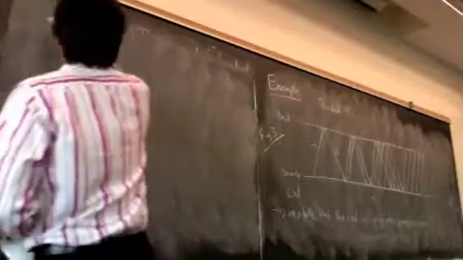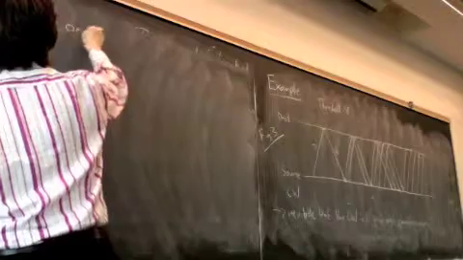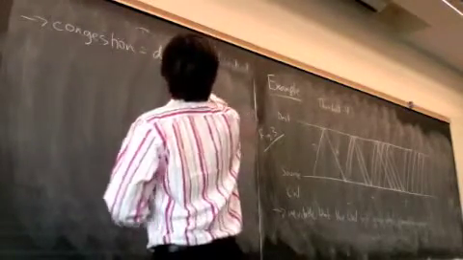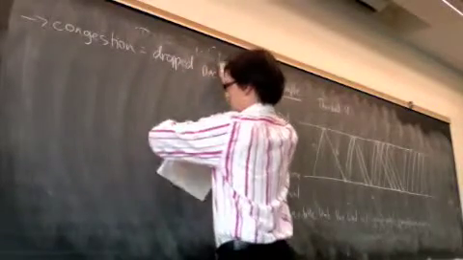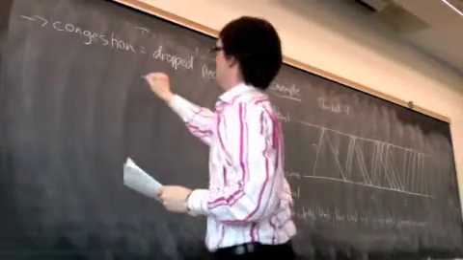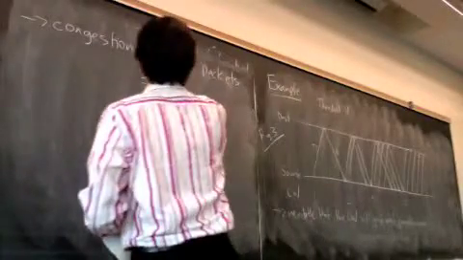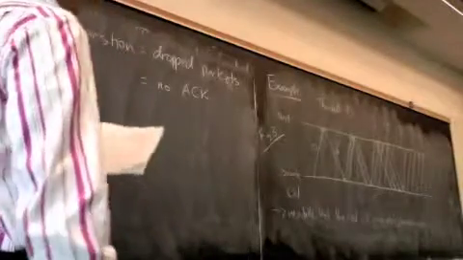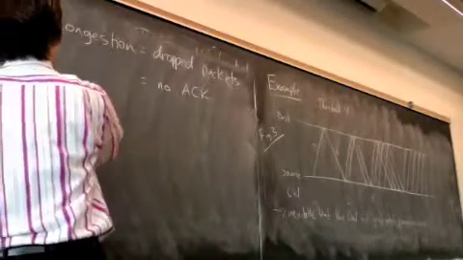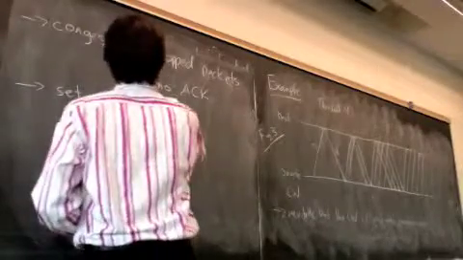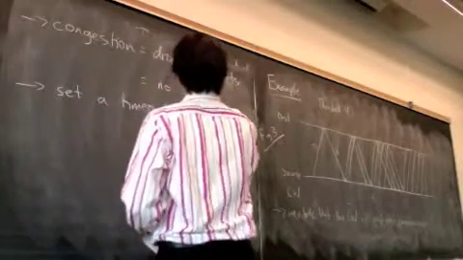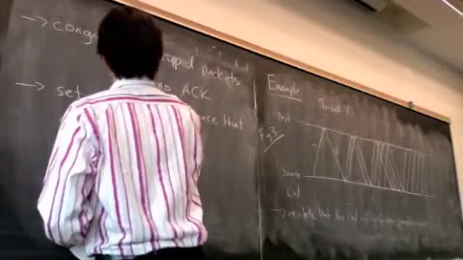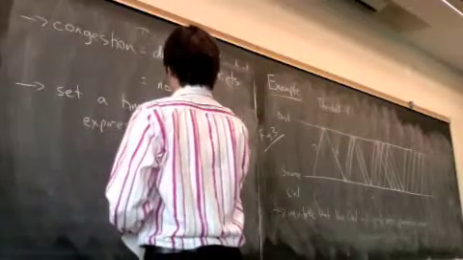So, when congestion occurs, we have dropped packets. And what that means is no acknowledgements. So if I set a timeout, and once that expires, the packet is declared lost.